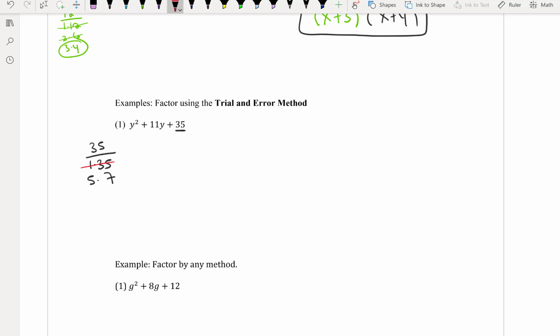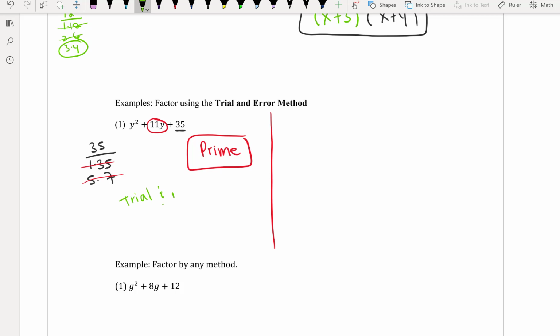And if I have 5 plus 7, the best I can hope for is 12. So there's no way that I can get a combination of 11 when I have to have my multiples of 35. So this is actually going to be prime. That's me trying to do trial and error. And if you're like, whoa, that didn't make any sense.